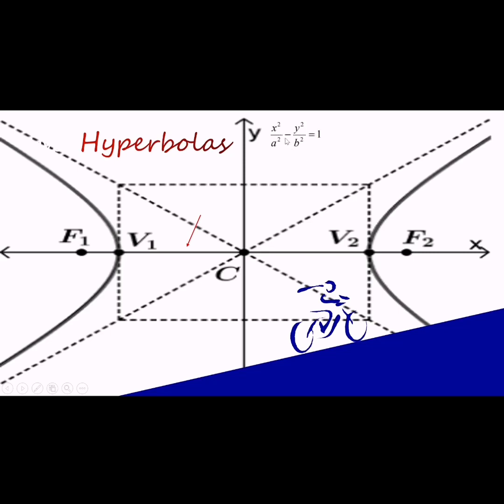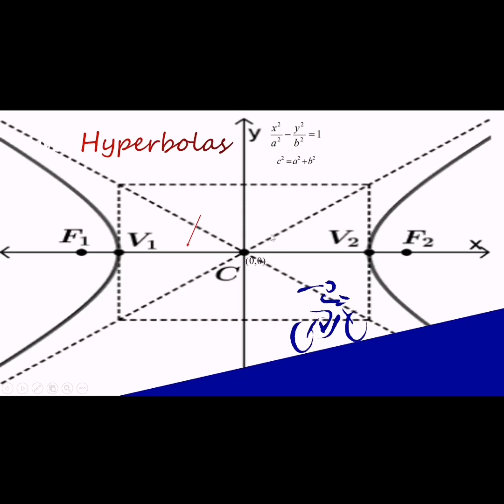Yan, x squared over a squared minus y squared over b squared is equal to 1. And we can also use this equation for some unknown points on the foci. Yan, a squared plus b squared.